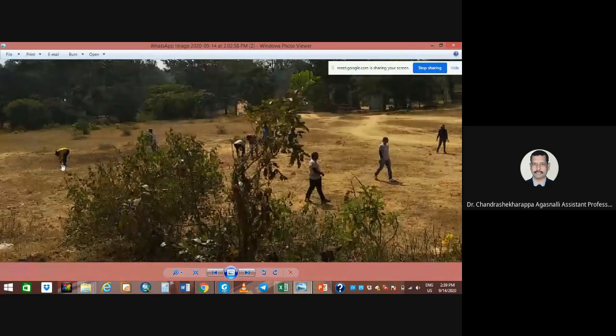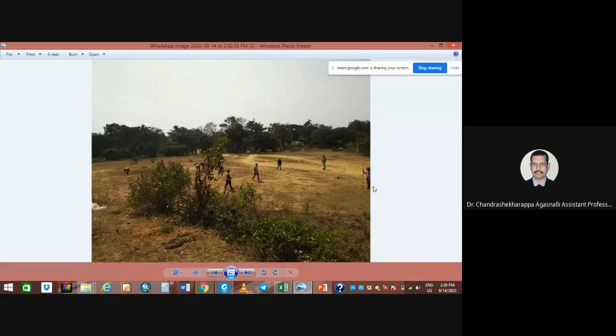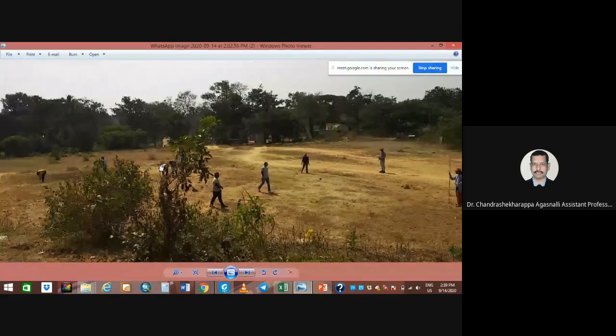Here we are using this. Look at this. She is fixing the arrow here, and they have fixed the corner point here, and there is another person standing here waiting for the arrows. And here one more team is fixing the next intermediate points.